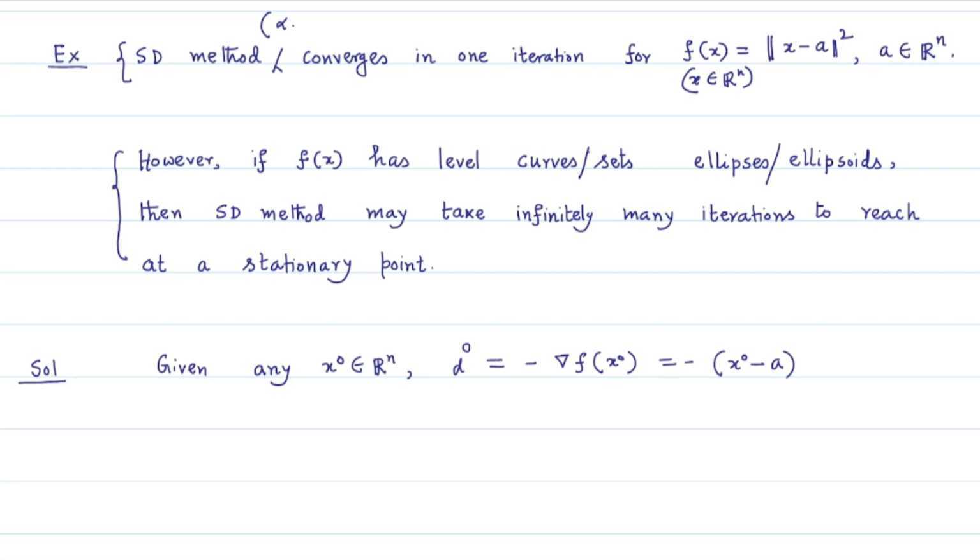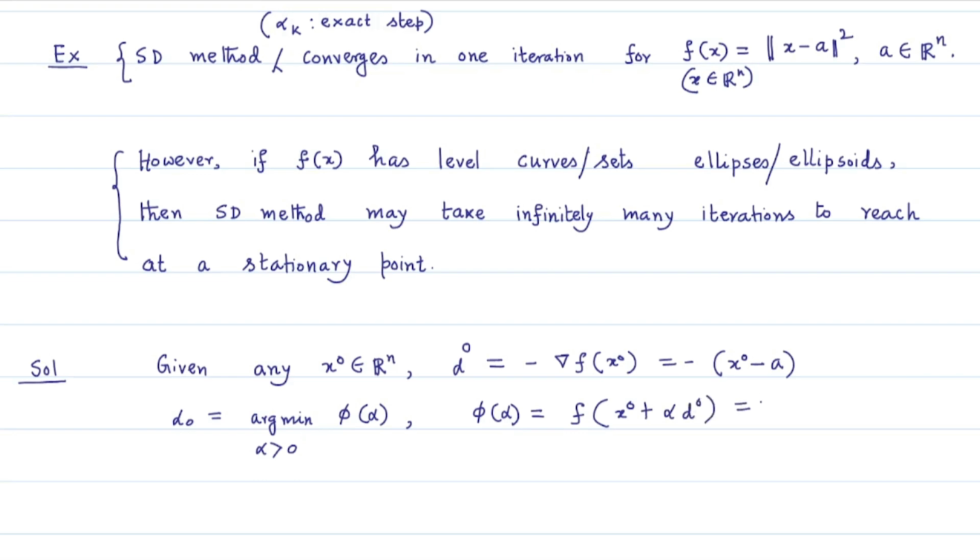And now if we take the step length in the steepest descent method given by exact line search, then the alpha naught value is argmin of the function phi alpha, where phi alpha is given by f of x naught plus alpha d naught, which is equal to alpha minus 1 squared times the norm of x naught minus a squared.